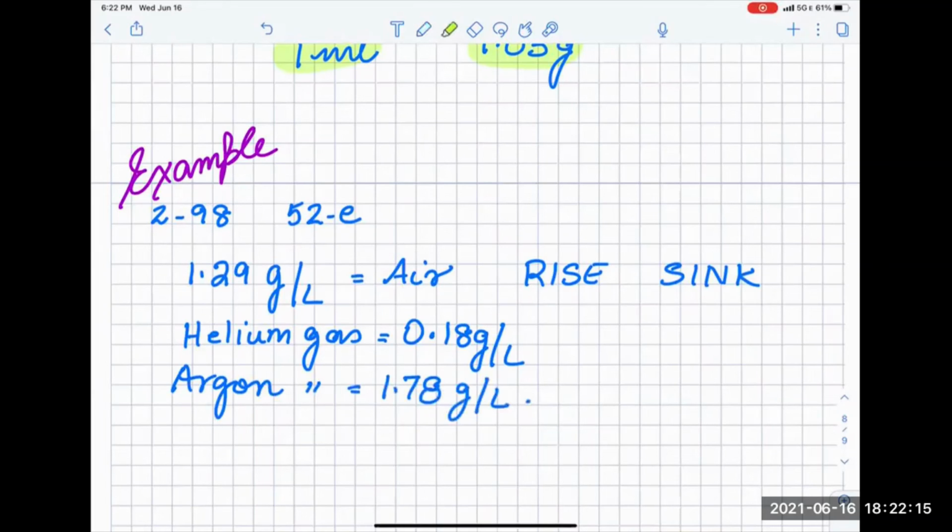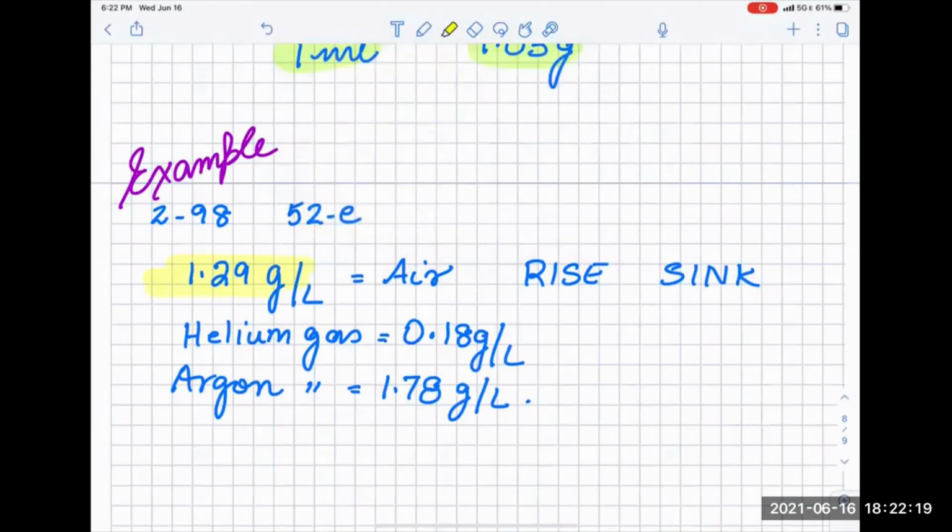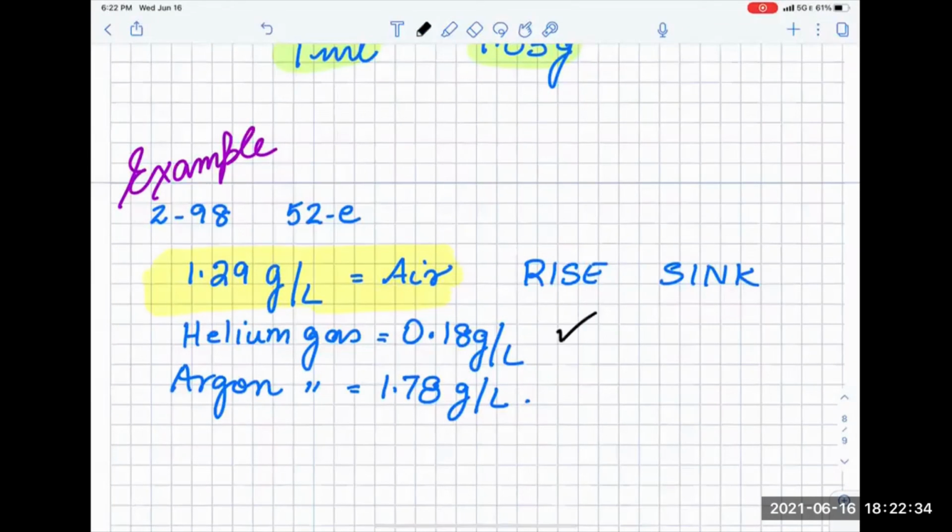So this is your reference. With respect to air, the density of helium gas is less than that of air, so therefore it will rise.